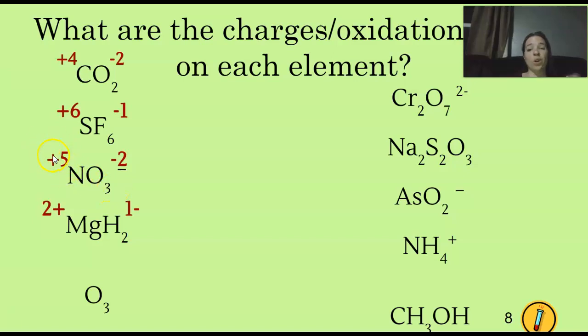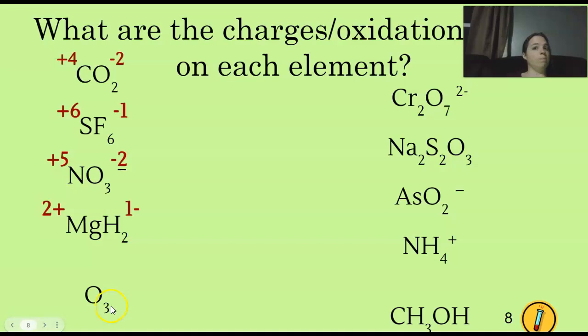That's one more negative than this. If we look at the magnesium and hydrogen, -1 times 2 is -2, and +2 cancels out. But what about this one up here? Well, because that's a +6 and that's a -1, -1 times 6 is -6.